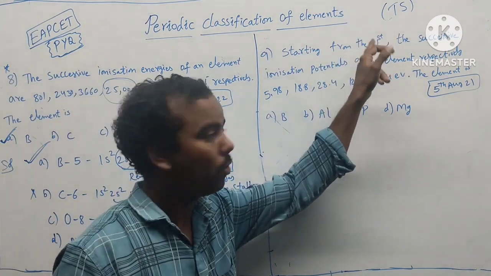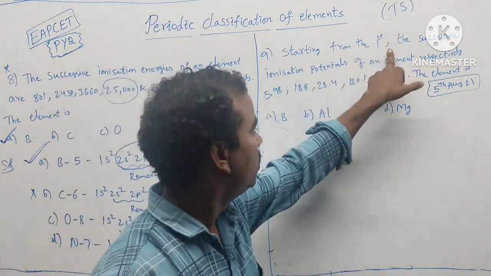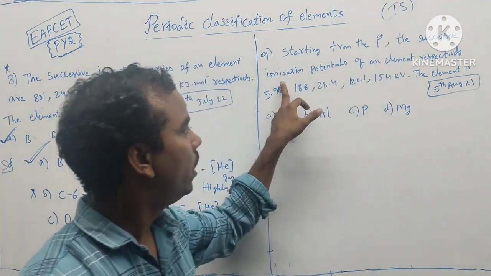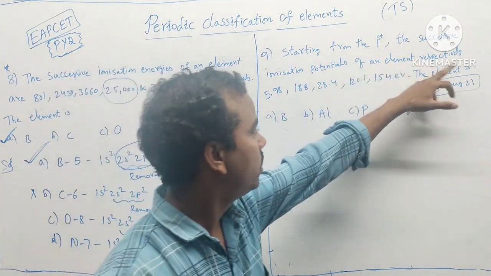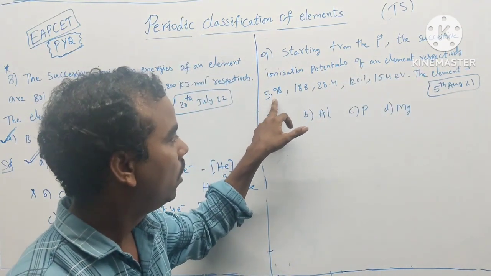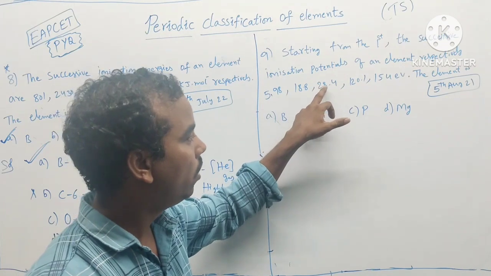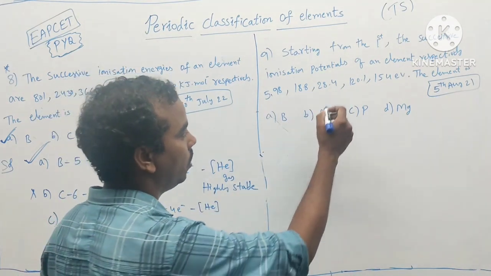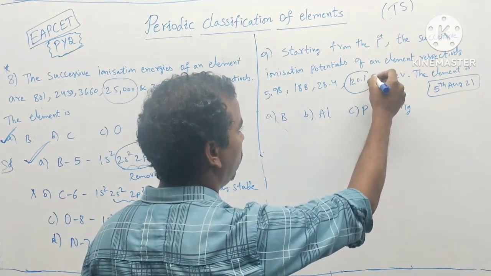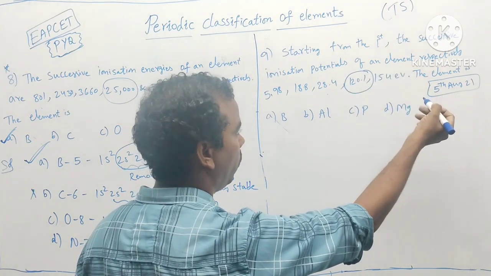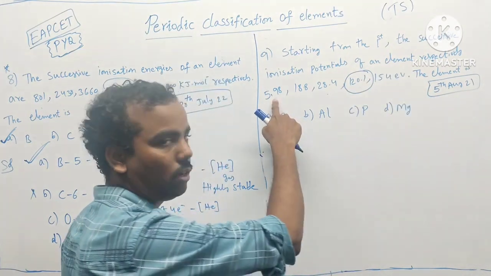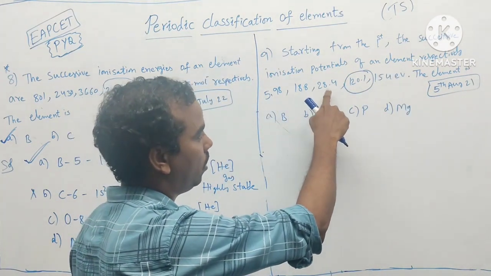So the next one is also the same model. The successive ionization potentials of an element are, respectively, 5, 18, 28, 120. So here also there is a difference from the third electron to the removal of the 4th electron. It is the first electron removal energy, second electron, third electron.